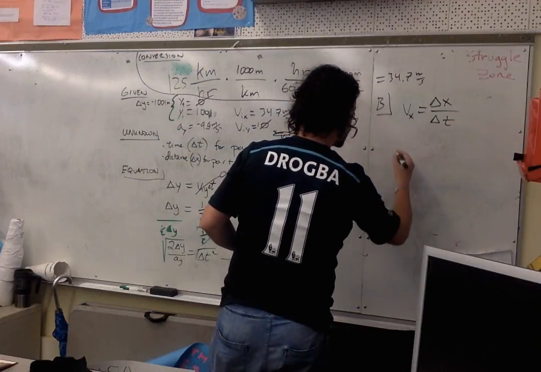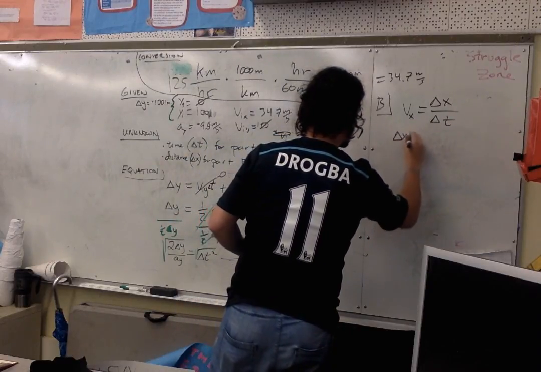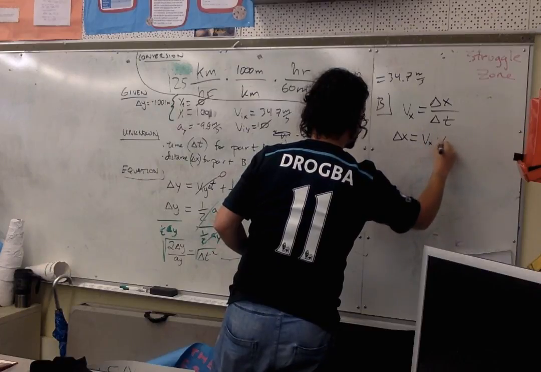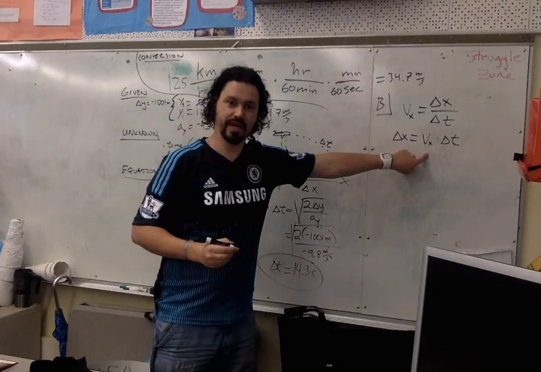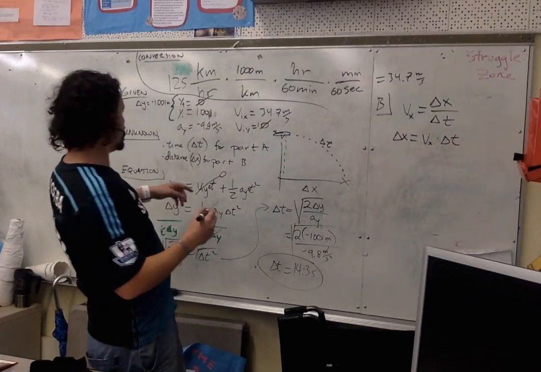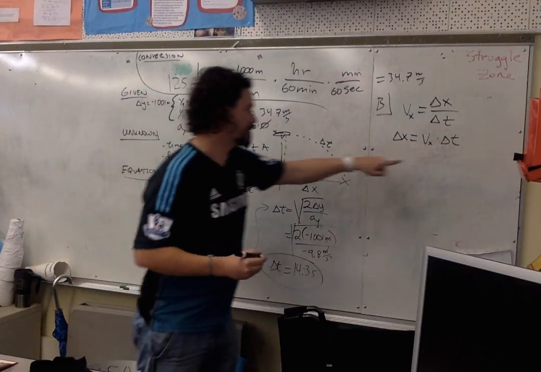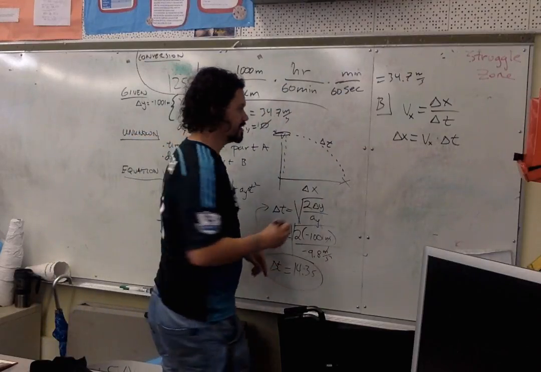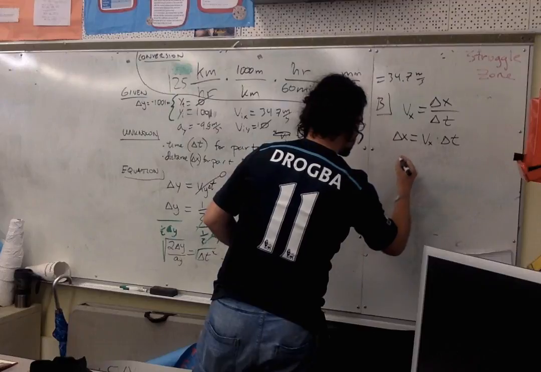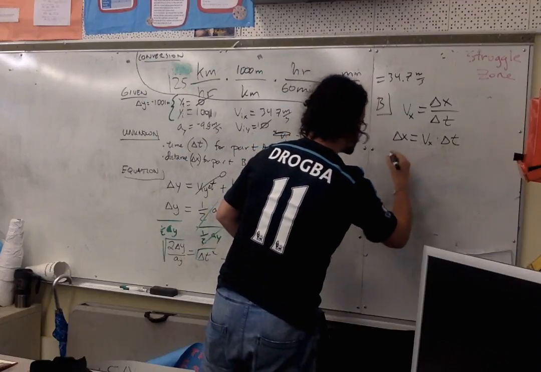So I'm going to move delta t to the other side, and I'm going to get delta x equals Vx times delta t. Do we know the initial x velocity? Why, yes. Yes, we do. Do we know the change in time? Yes. Yes, we do. Can we solve this? Yes, we can. See? Sí, se puede. So here we go.